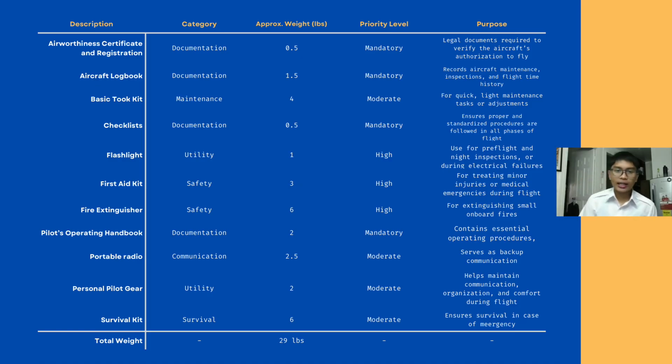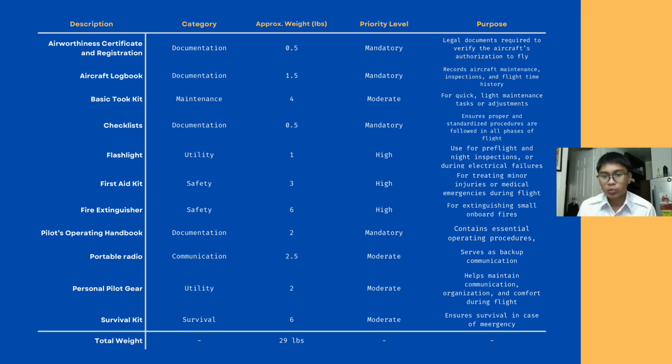As you can see, the checklist is mandatory as it ensures proper and standardized procedures are followed in all phases of flight. The flashlight is a high priority because for pre-flight and night inspections or during electrical failures, it's a really good option to have while in flight. Our first aid kit is also high because you never know. There might be minor injuries or medical emergencies during flight.